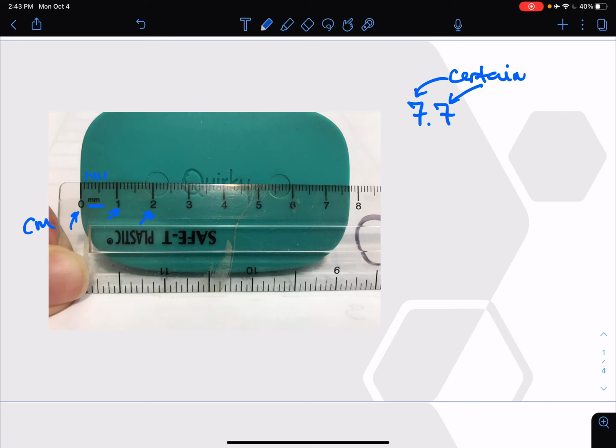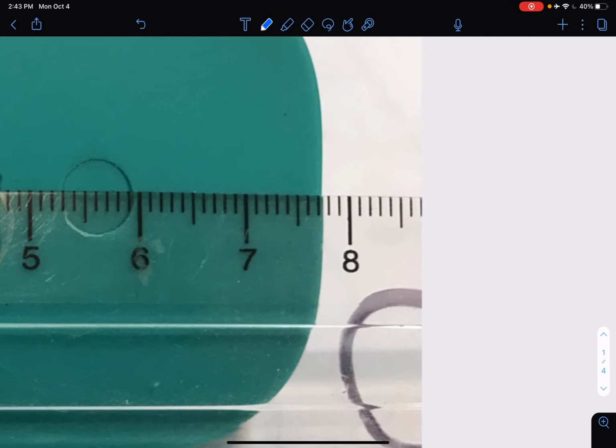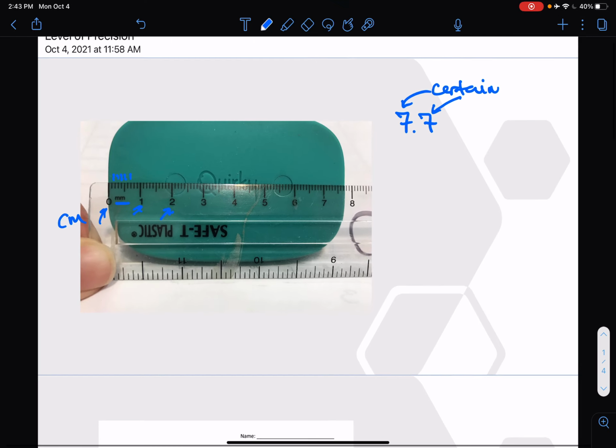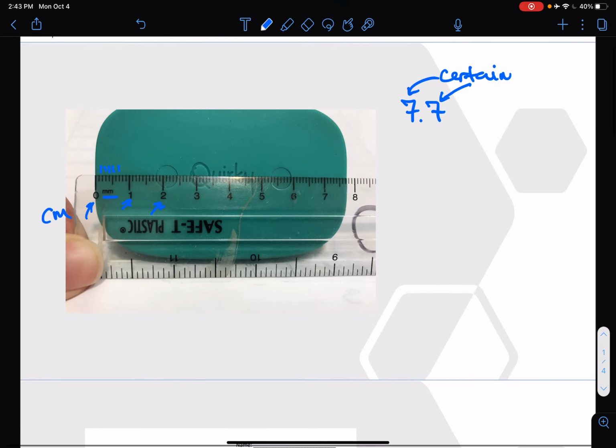There we go. What we'll notice is that it goes slightly over 7.7. And if I go ahead and expand that a little bit, you can see that a little bit better. But if we're in the lab, you probably don't have that feature in your eyeballs. So we're going to have to go and make a guess right here.